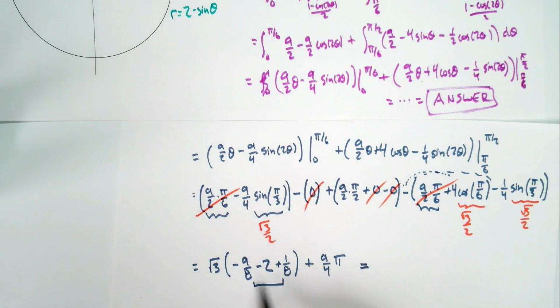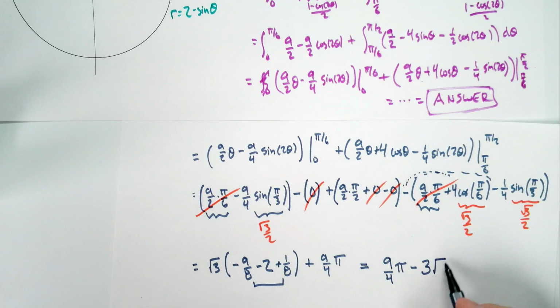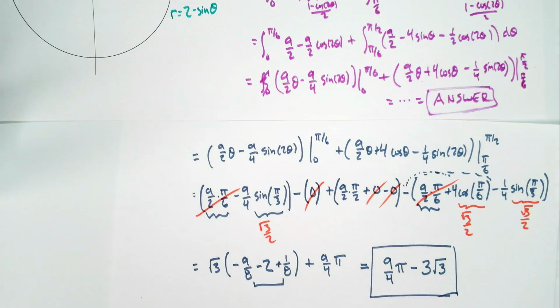So, minus 1 from those two, minus 2 makes minus 3. So we get 9/4 times pi minus 3 root 3. And that's our answer. Okay, well, that one took a lot of work.